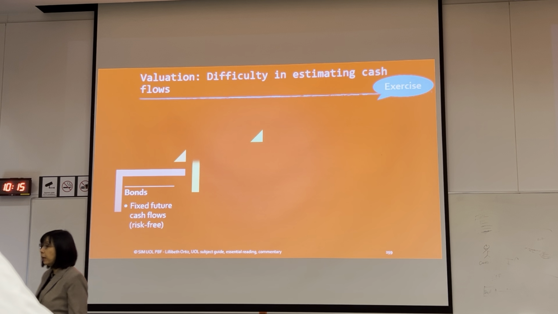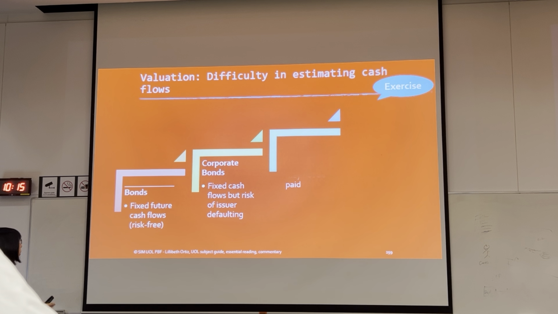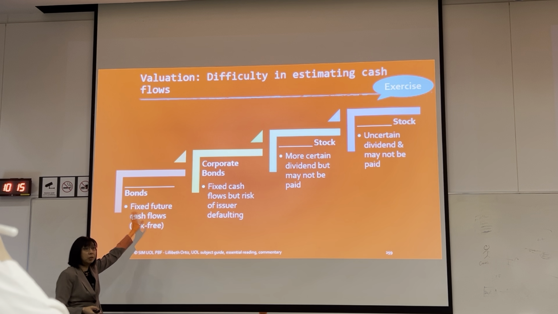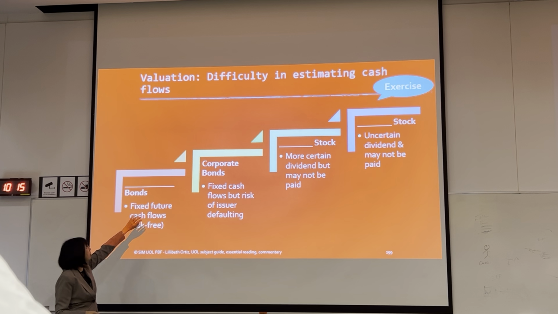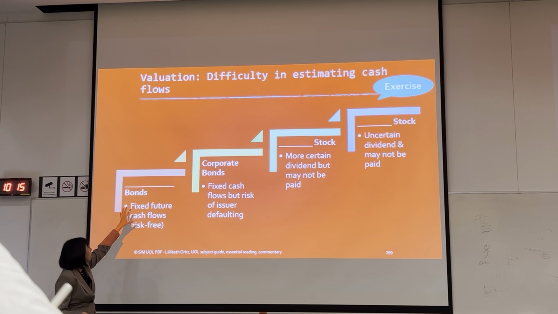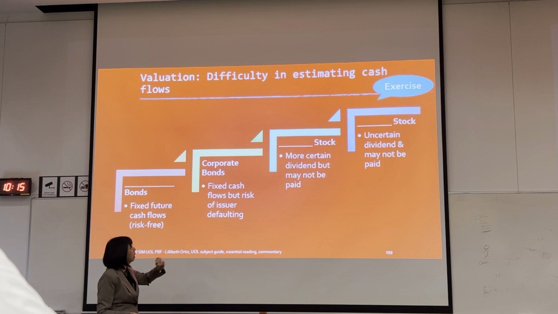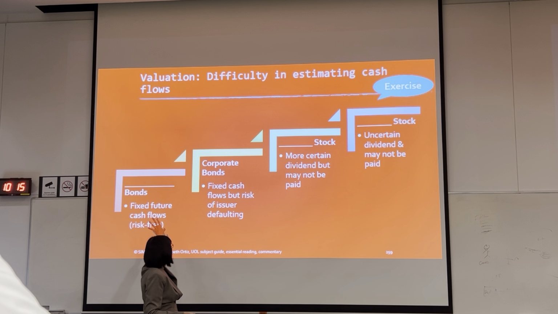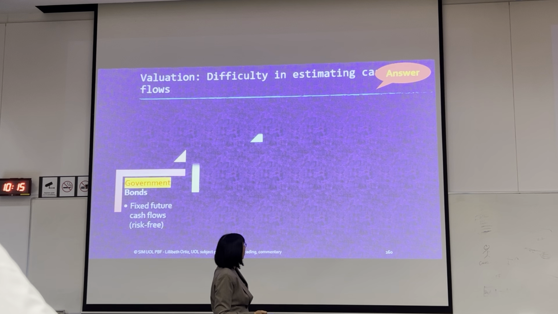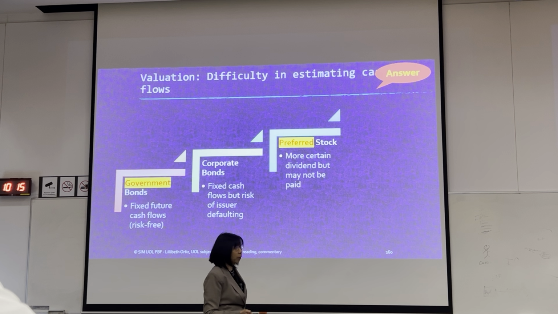Another way to show this is to compare with the bonds that are risk-free: treasuries or government bonds. In the US they call them treasuries. In general we just call them government bonds. Sovereign bonds are government bonds, then corporate bonds, then preferred stock.